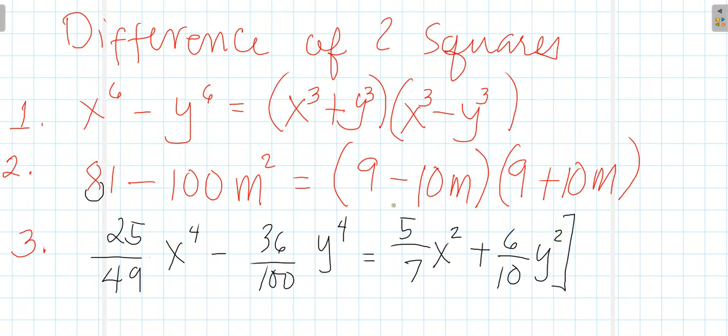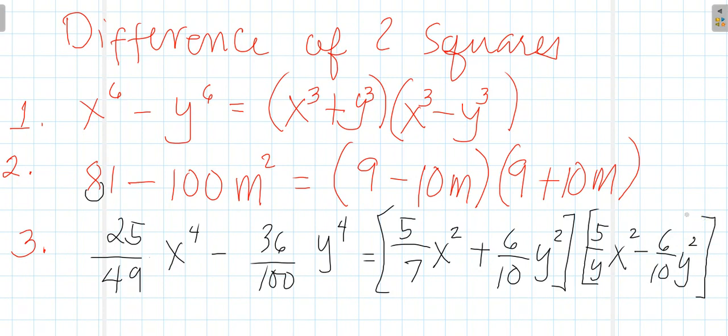And the other one is the difference. We have 5 over 7 x squared minus 6 over 10 y squared. Okay? Or if you want the final answer, you just simplify this to the lowest term. So 6 over 10 is equal to 3 over 5.